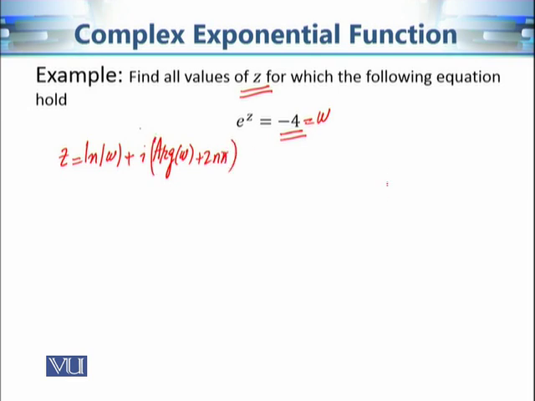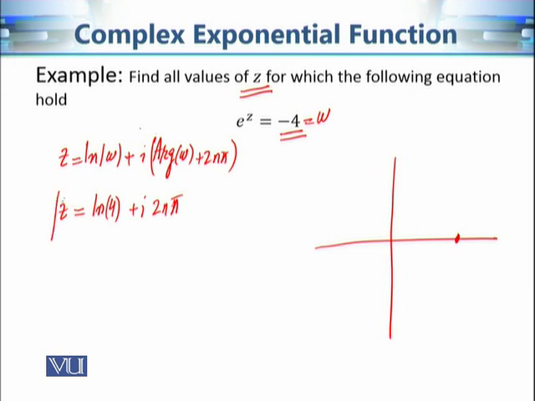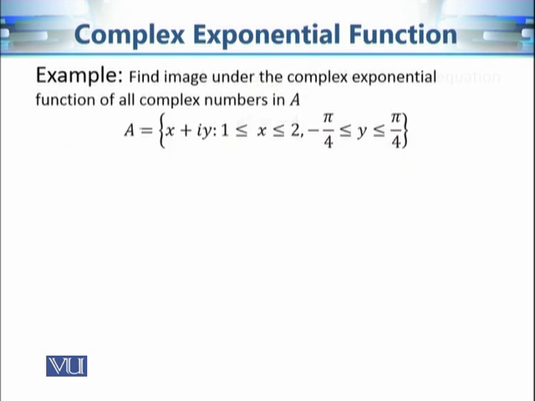Now this number -4 is somewhere on the real axis... the principal argument is pi, and the modulus of -4 is 4. So the output becomes log of 4 plus iota (pi plus 2 n pi). For all of these values, the output is going to be -4.